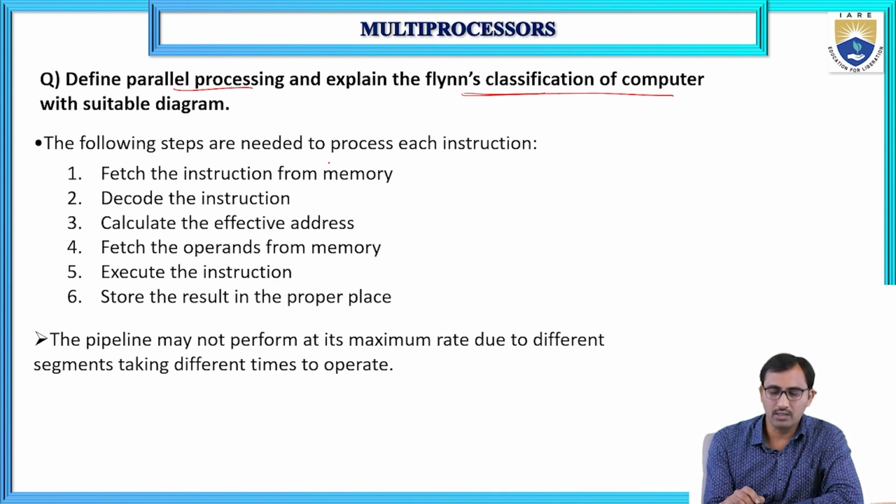The following steps are needed to process each instruction: first, fetching the instruction from the memory, then decoding, calculating the effective address, fetching the operand from the memory, executing the instruction, and storing the results back to the register or memory.